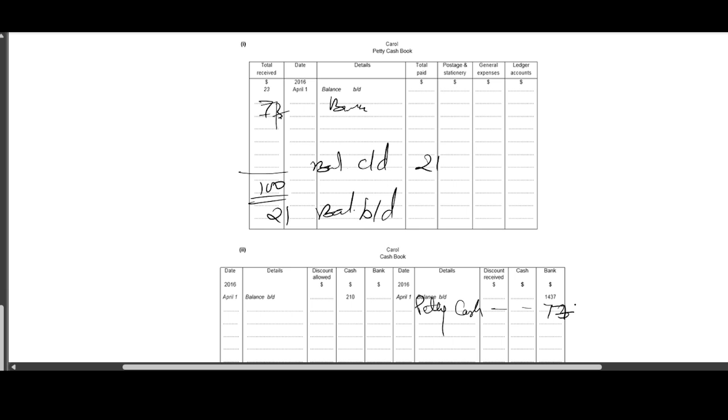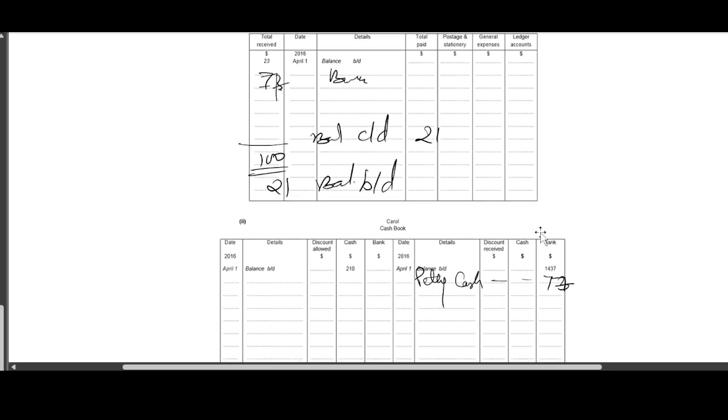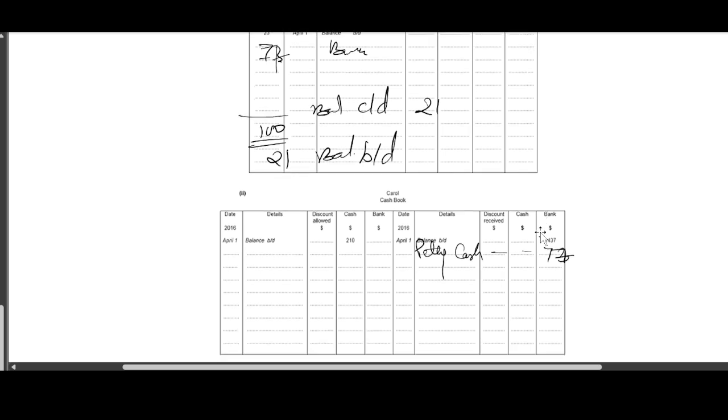Then again, the above-50 transactions you have to enter in the cash book, and your balance carried down will be 150, and on this side balance carried down will be 888. This is your answer.